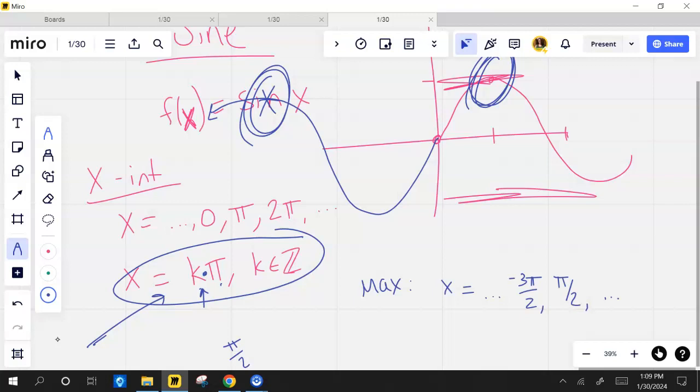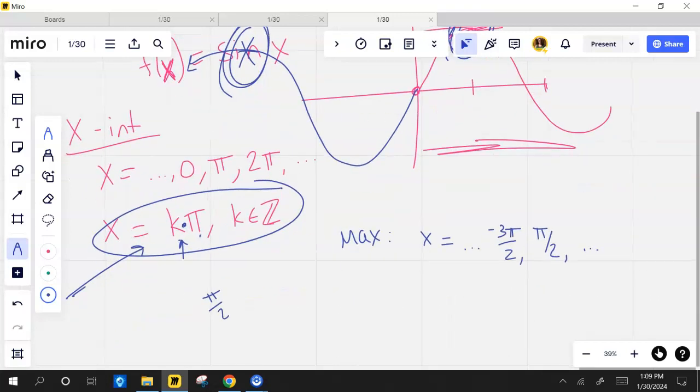Does that make sense? Because when we talk about absolute value, and this is a real important concept, when we talk about value, like if we say the max value or the min value, we're talking about y here. We're not talking about x. So what's the maximum value of the function? 1. What's the minimum value of the function? -1.